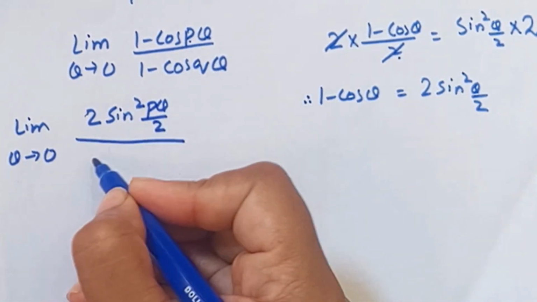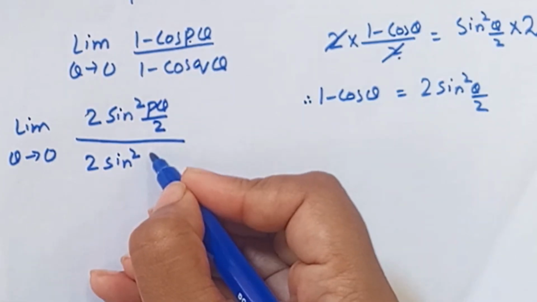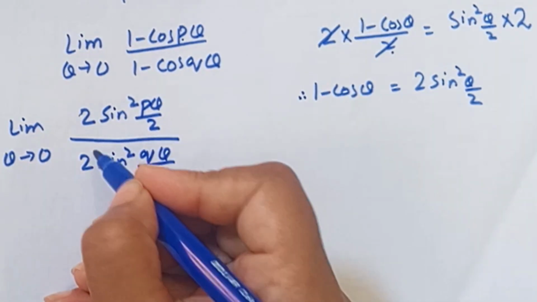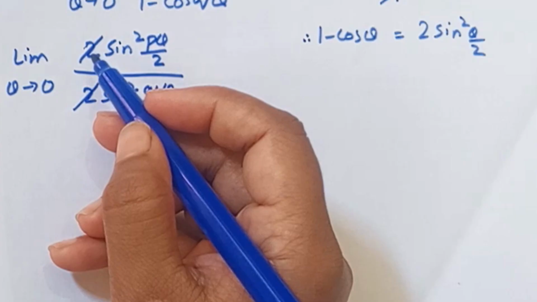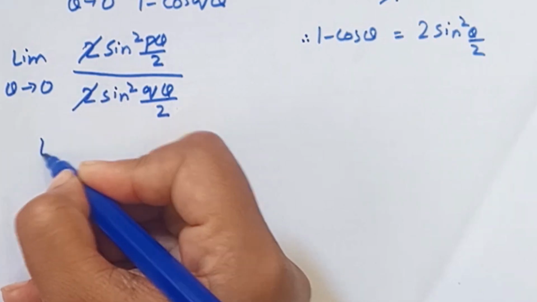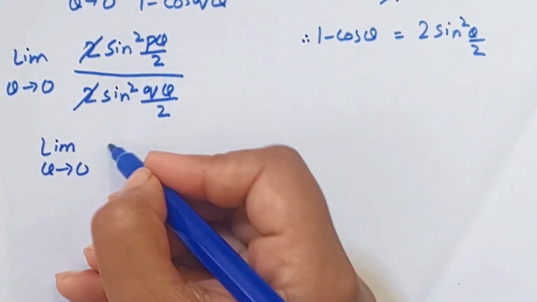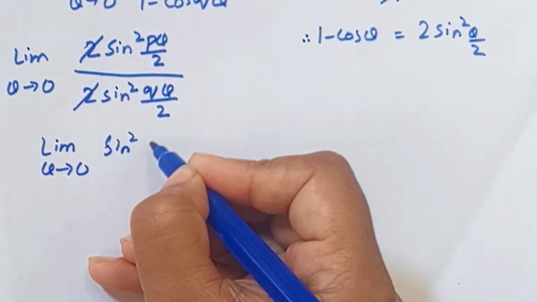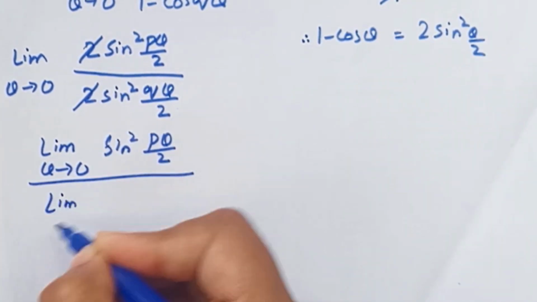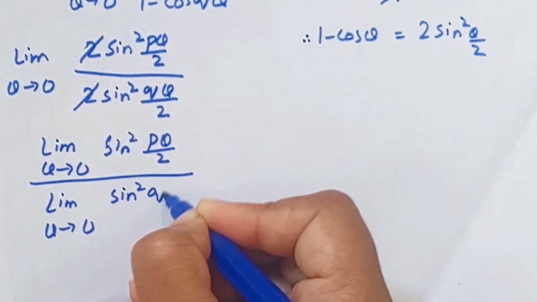This becomes 2 times sine square, and this is q theta, so we write q theta over 2. In the next step, this 2 and 2 will cancel, and we separate the limit into numerator and denominator. So this is the limit theta approaches 0 of sine square p theta over 2, over the limit theta approaches 0 of sine square q theta over 2.